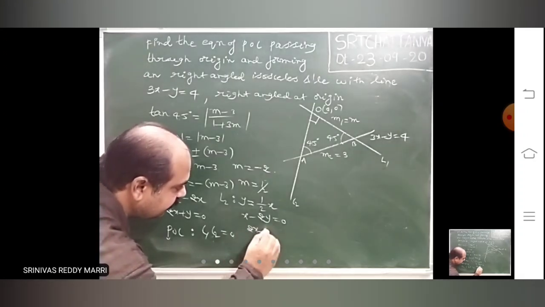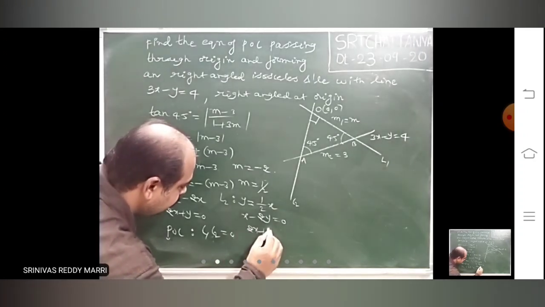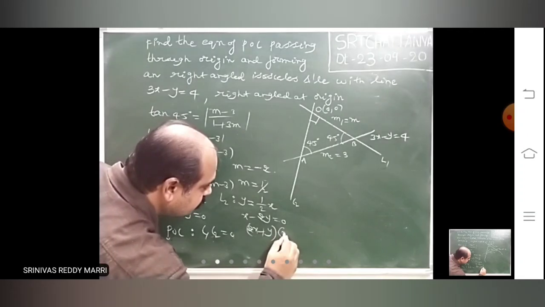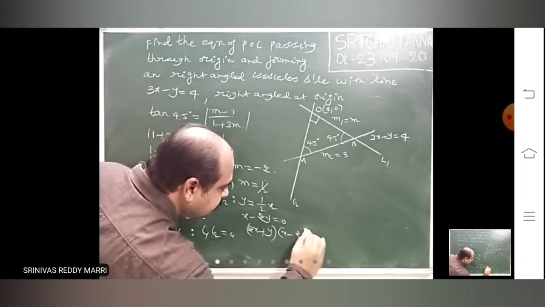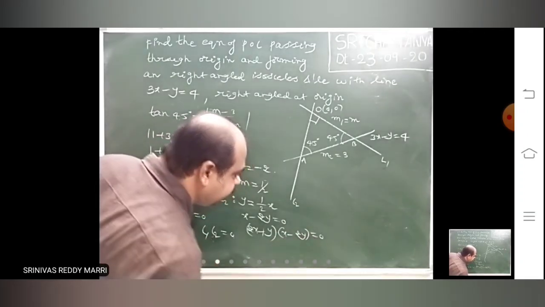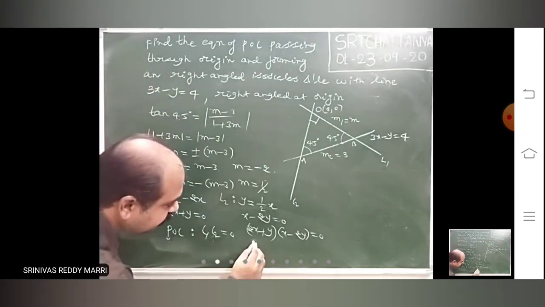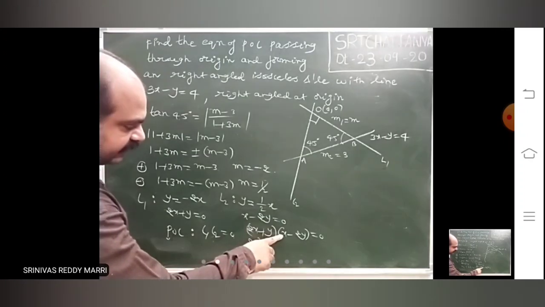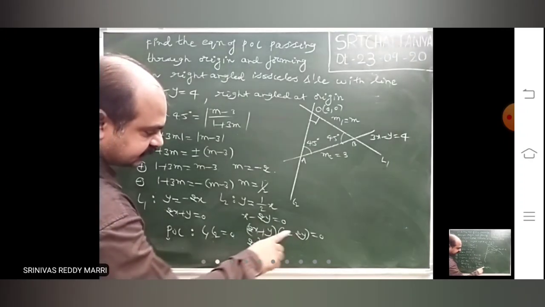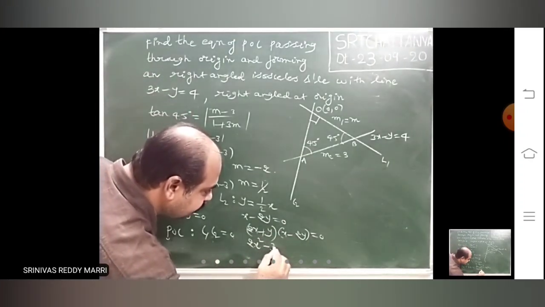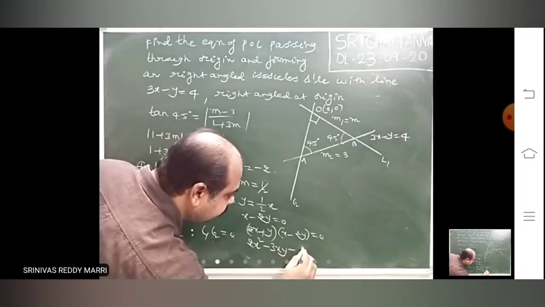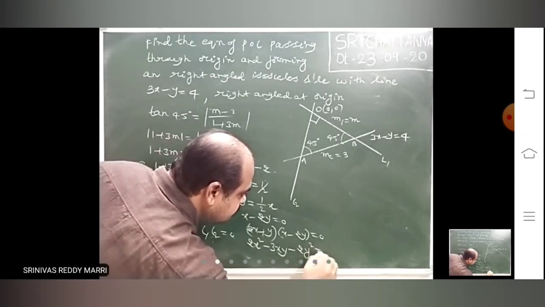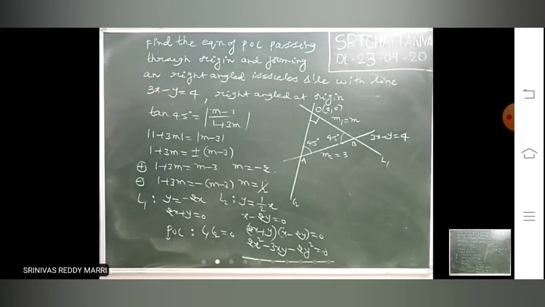That means you will get 2x plus y into x minus 2y. I have found the lines. The combined equation of the pair of lines is obtained when you multiply this, you will get 2x square, and what is the xy term? Minus 4xy plus xy, that means minus 3xy, minus 2y square equal to 0.